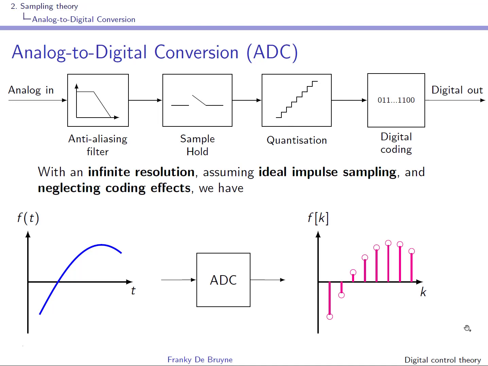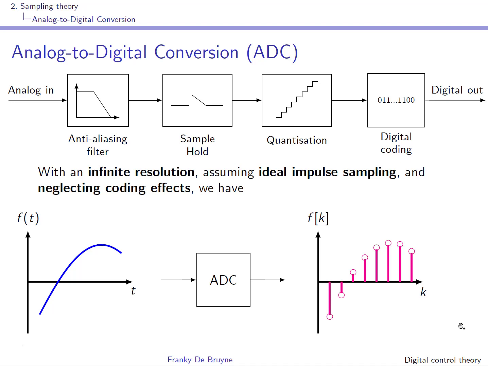After the sample and hold process, you have a sequence of real numbers of infinite resolution. So what you'll do is quantization. You'll use a quantization grid to make sure that these sequences of numbers have a finite resolution. So at the output of the quantization step, you obtain a sequence of real numbers that are ready for digital coding.